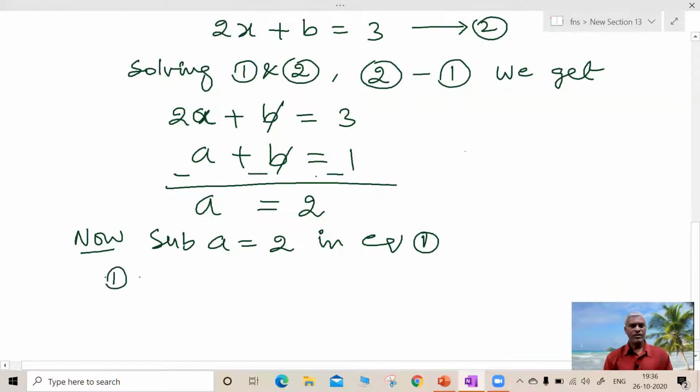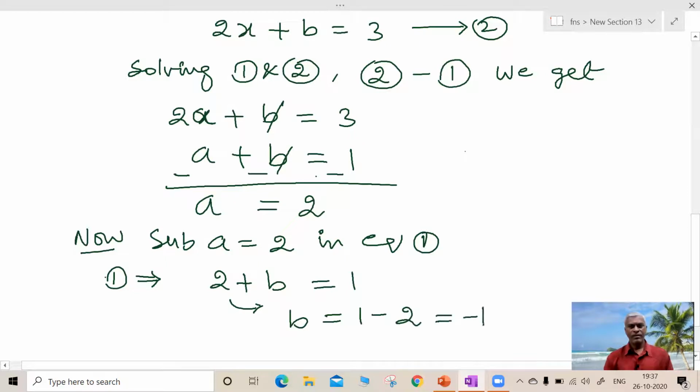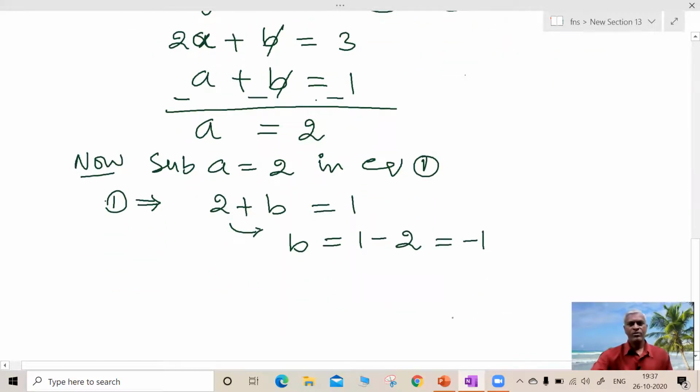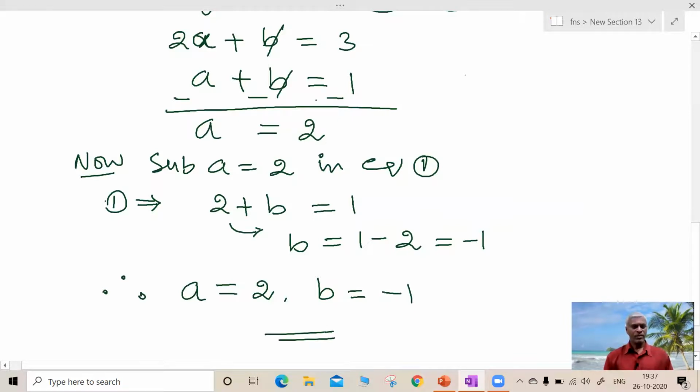So this first equation gives 2 plus b is equal to 1, and b is equal to 1 minus 2, that is minus 1. So a value is 2, b value is minus 1. A is 2, b is minus 1. So a simple problem.